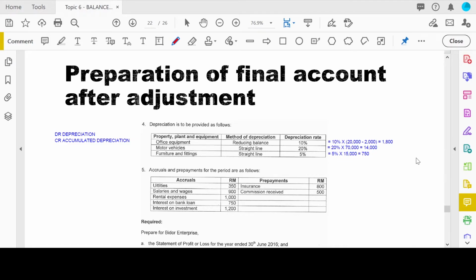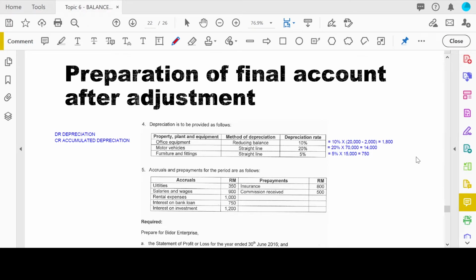So when you prepare the adjusting entry, you have to decide either to add or to minus. For accruals, because this represents the amount understated in revenue or expense, we are going to add to the respective expense account and also the revenue account. Okay, so let's do that.